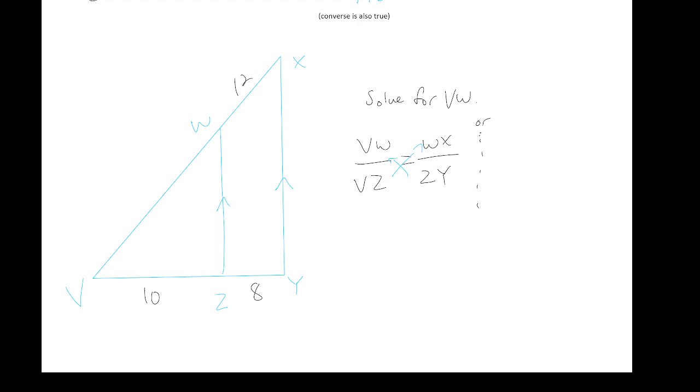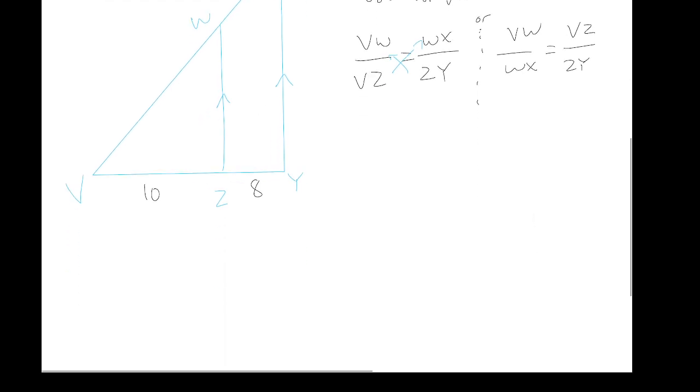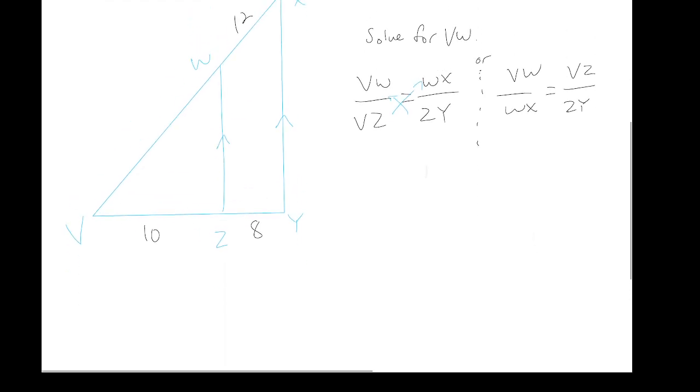If I were to take VW to the leg, so VW to WX is VZ to ZY. Will that be the same? I think you guys very quickly see that, yeah, those are going to have the same identical cross products. So nonetheless, let's actually just plug in the numbers.